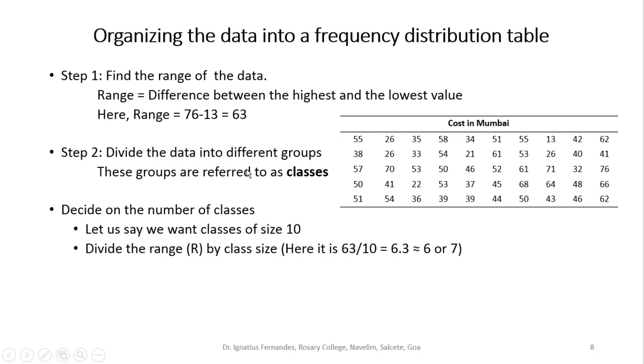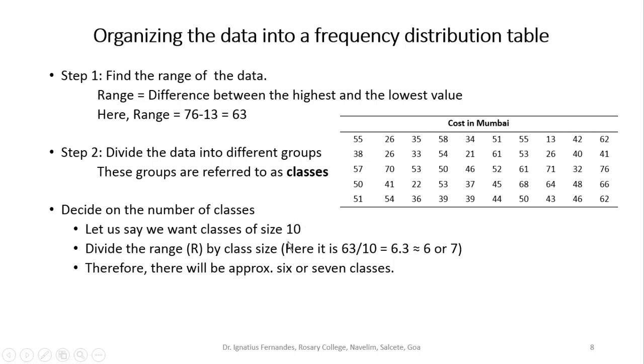So if I take R as 63 and class size as 10, then dividing 63 by 10, I'll get 6.3. Rounding it, I'll get 6 or 7. So if I take class size as 10, I'll have around 6 or 7 classes. We take it as 7 classes in this case.